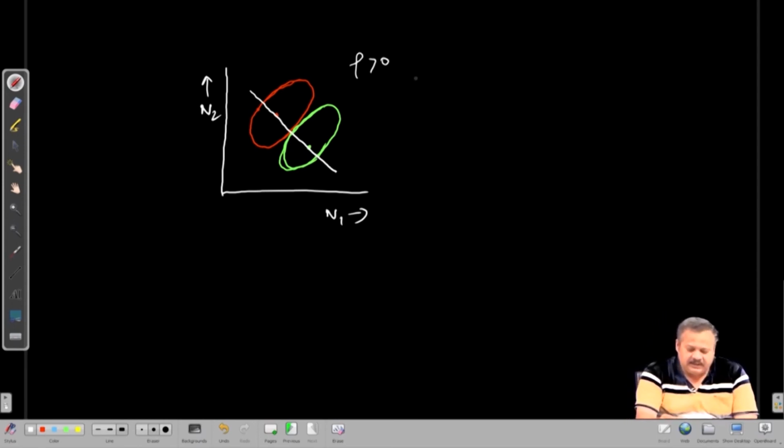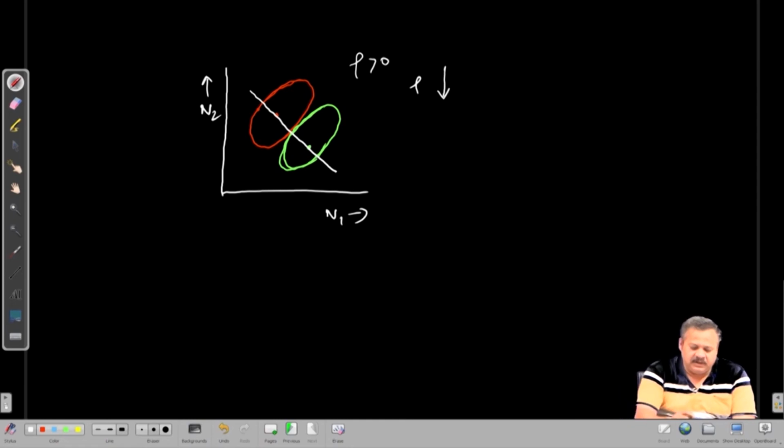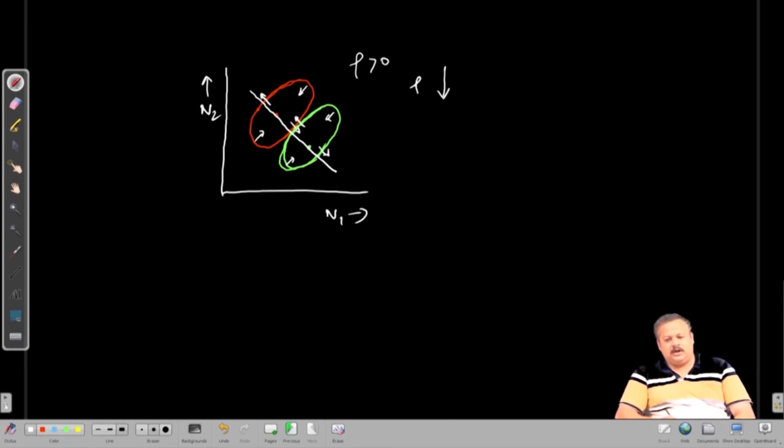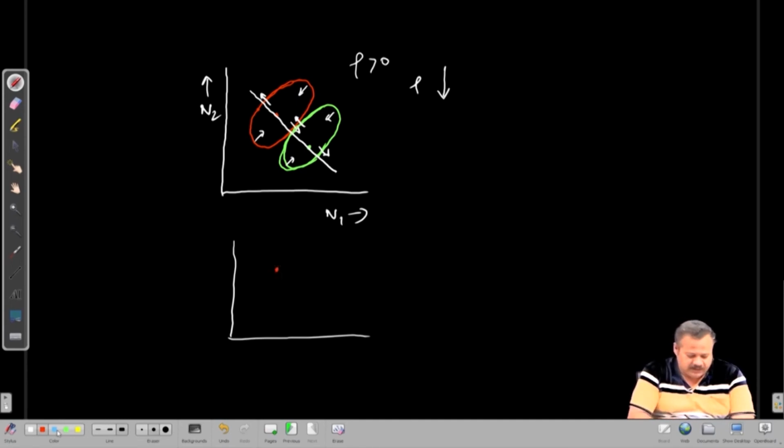Now let us imagine that the noise correlations again are being reduced. That is, our rho is going down, and let us say from a positive value it could go on to a negative value, or even if it is positive, it is reduced. So the spread will reduce in this direction and will be made up by an expansion in the orthogonal direction. So with the reduction in noise correlations, let us replicate this.